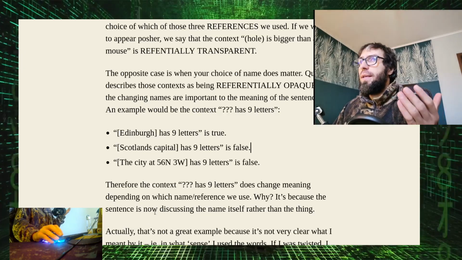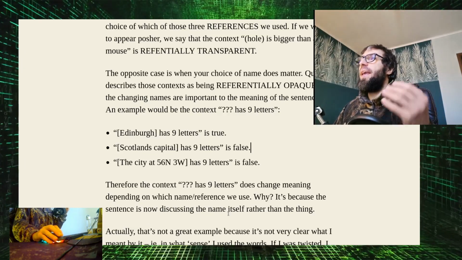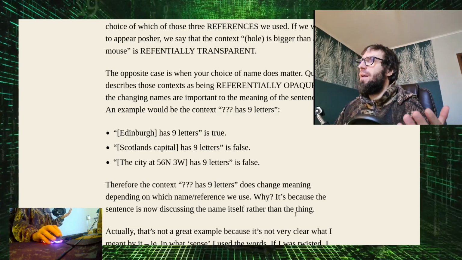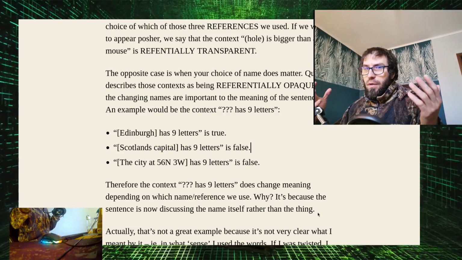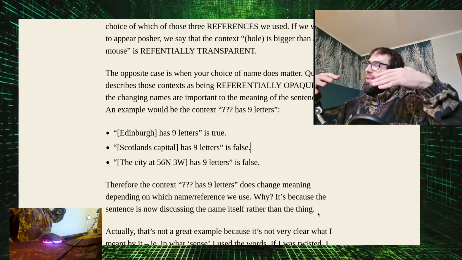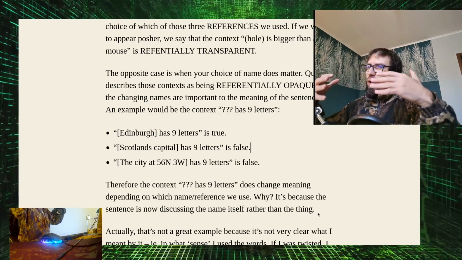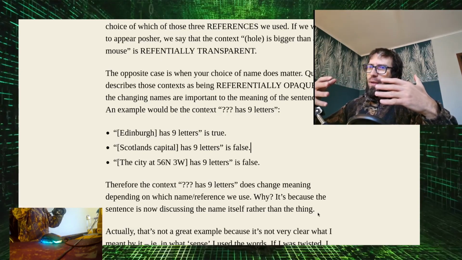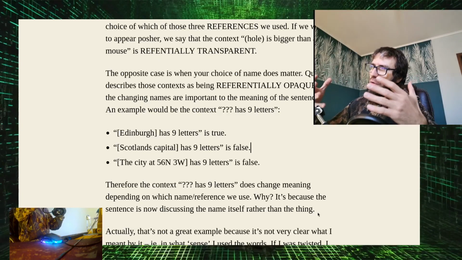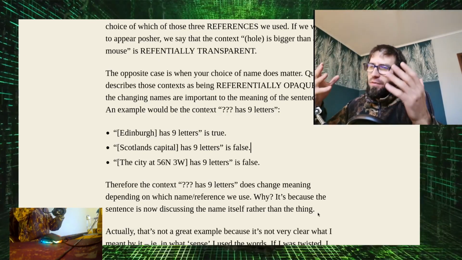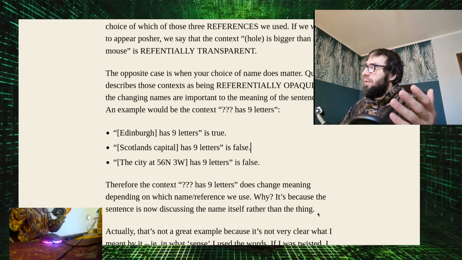Because the sentence is now discussing the name itself rather than the thing. Now the whole sentence looks not at the essence of the object, but at its representation, at its form, and it depends on it.